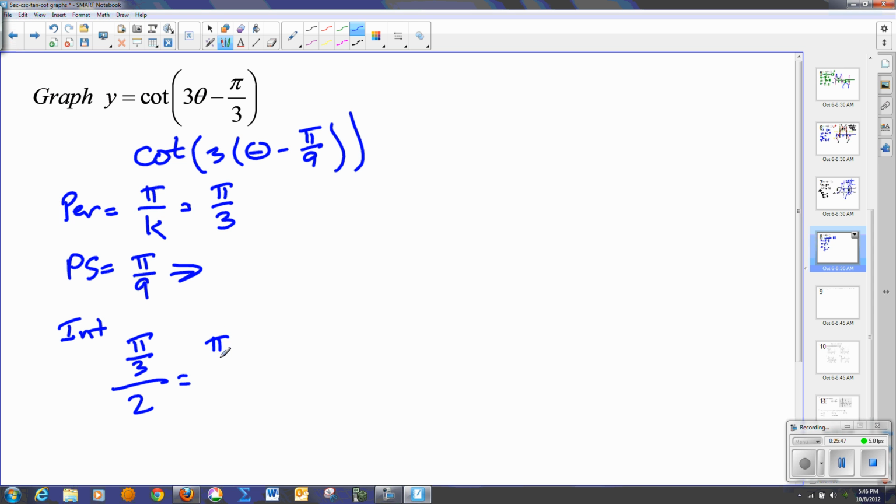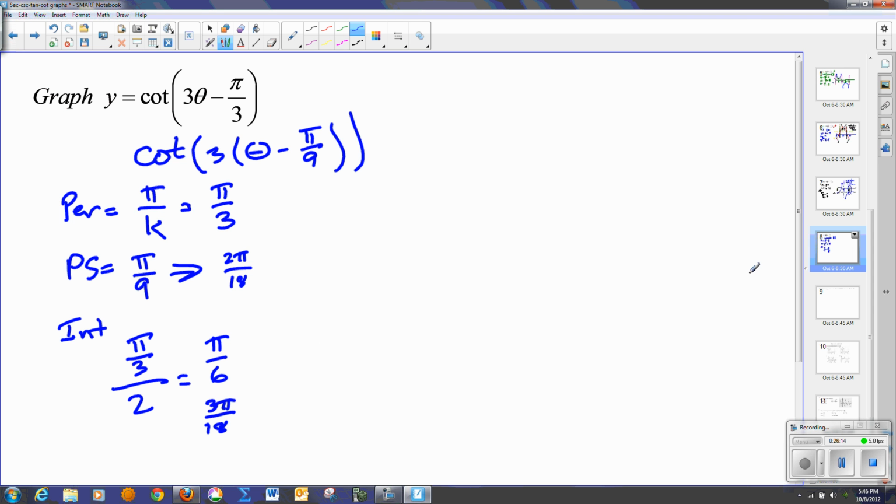So I have pi over 6 for my intervals. Notice once again I have a phase shift of pi over 9 here, pi over 6 here. I probably want to match those up and go 18ths, I'd say. So this is 2 pi over 18 for my phase shift, and this is 3 pi over 18 for my intervals.